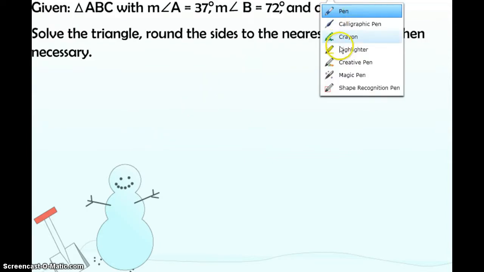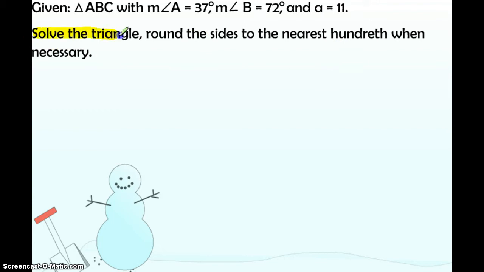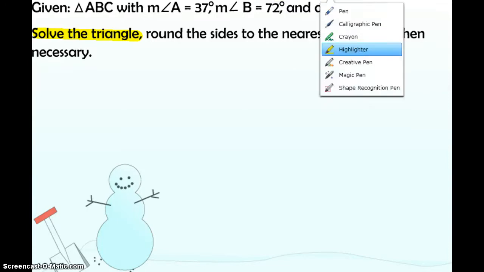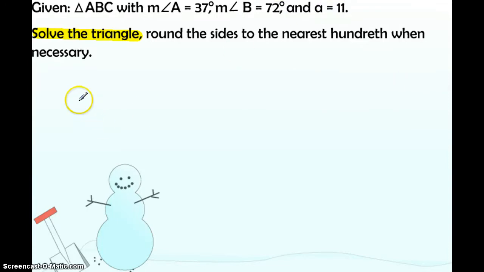If we're asked to solve for a triangle, that means we need to find all of the missing angles and all of the missing sides that we don't have. So the first thing I'm going to do is, I've got the information, I'm going to draw a picture. When in doubt, sketch it out. It doesn't have to be accurate. So let's make this angle A, angle B. Our leftover is angle C. Angle A is 37 degrees.